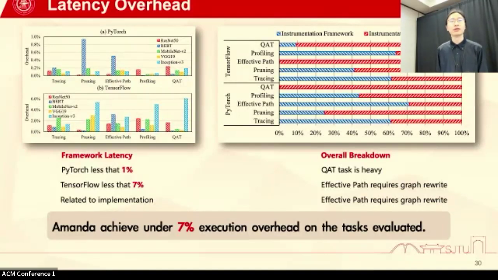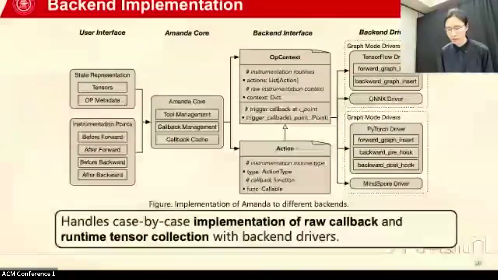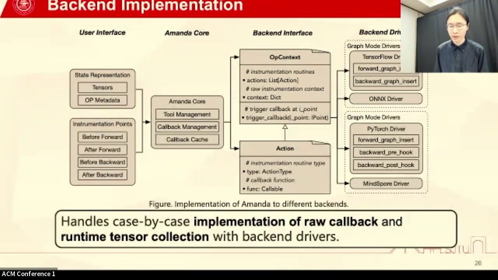And as for how we achieve it, I didn't really make this clear because it's really messy work. We have a cache management component in the Amanda core, which means we don't keep all the instrumented code for all the operators all the time. After execution, we find some of the instrumentation points are null, so we just remove them and return to the native implementation, which will be faster.